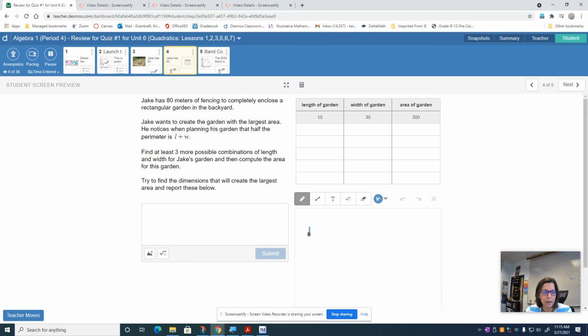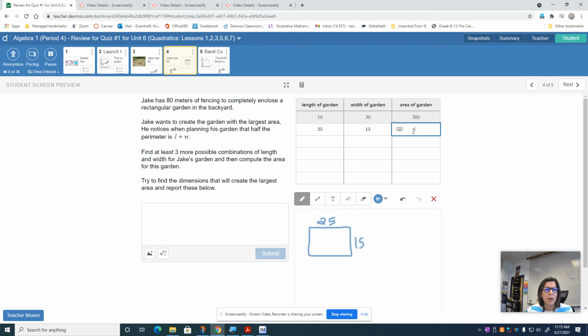So maybe I'm just going to go quick. Remember, these two have to add up to 40. So what if I went like 25 and 15? Let's put just the 25 here and then the 15 here. That would make a perimeter of 80. I can check that by making sure these add up to 40.